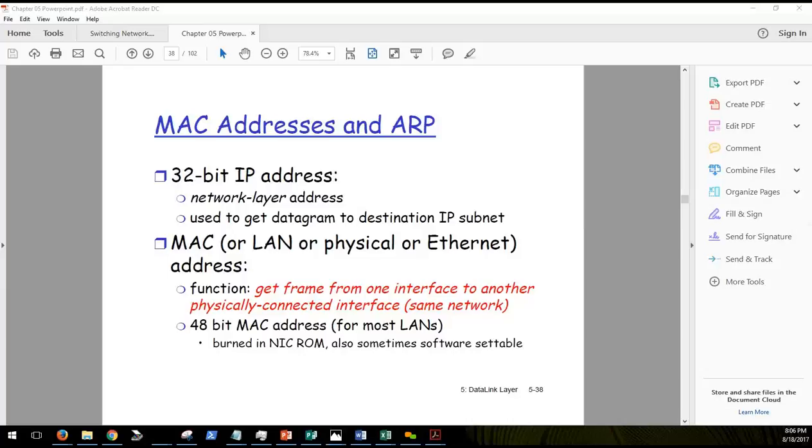Look, Sam, it's right here. The function: get the frame from one interface to another physically connected interface on the same network. Okay? The NIC, the network interface.